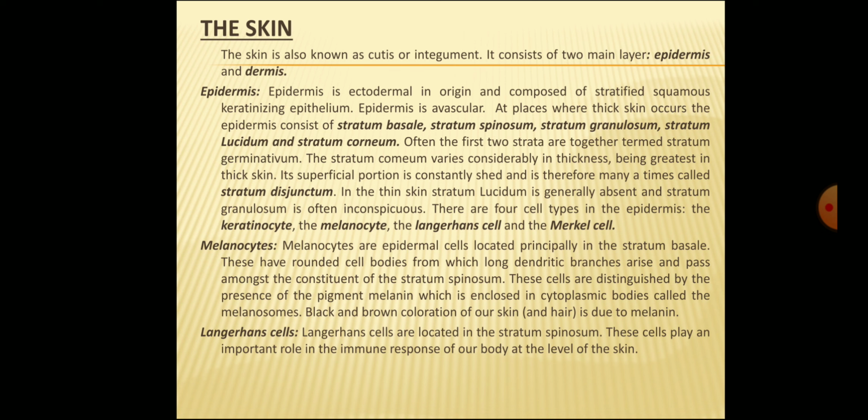Black and brown coloration of our skin and hair is due to melanin. Its production is stimulated when our body is exposed to sunlight for prolonged periods. The resultant darkening of the skin is called tanning.